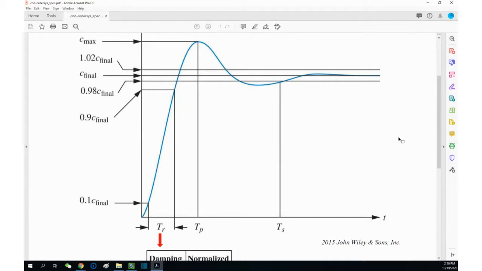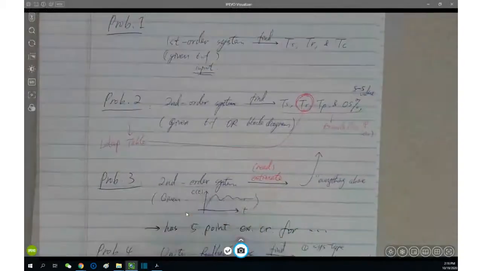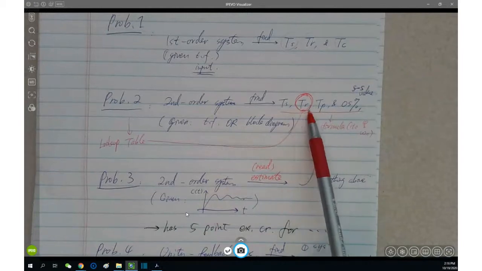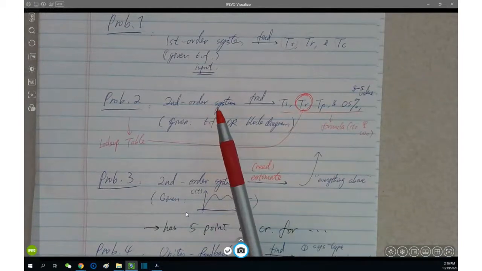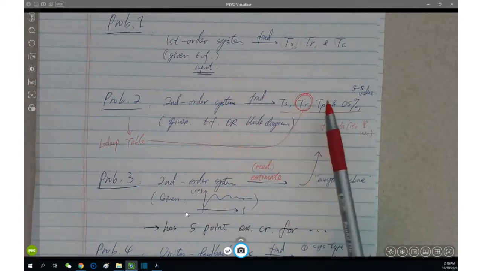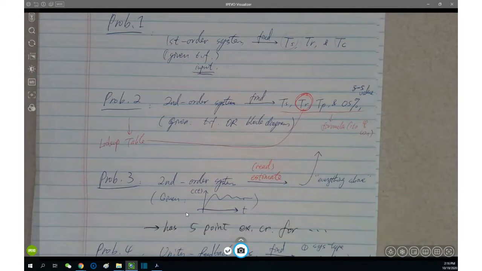In other words, this problem is like what? Problem 2 is the opposite, right? Problem 2 is given the transfer function, I'm looking for TS, TR, TP, because from the transfer function you can find omega and zeta, right? And from omega and zeta you can calculate these 3 things based on those formulas. Problem 3 is the other way around.